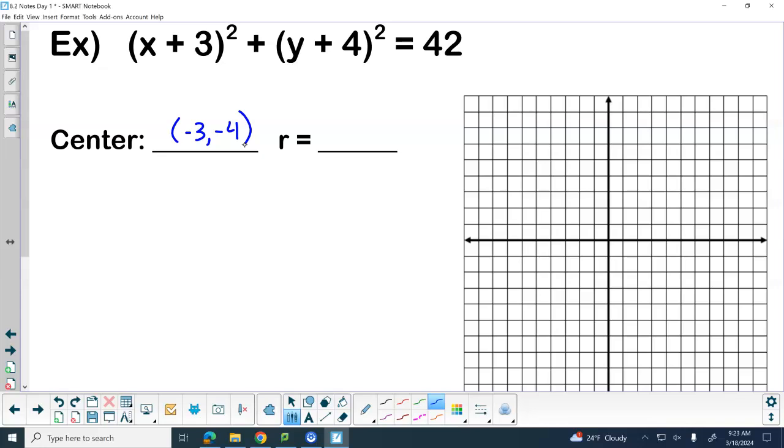That's 3 to the left and down 4. 1, 2, 3, and 1, 2, 3, and 4.